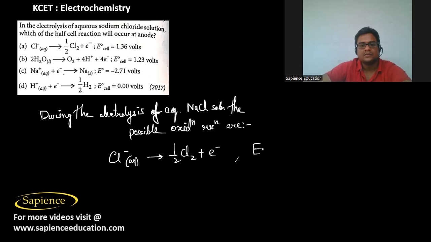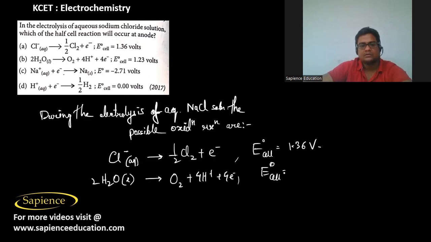Here the E naught cell is 1.36 volts. And 2H2O can be oxidized to oxygen O2 plus 4H plus 4 electrons, and here the E naught cell is 1.23 volts.